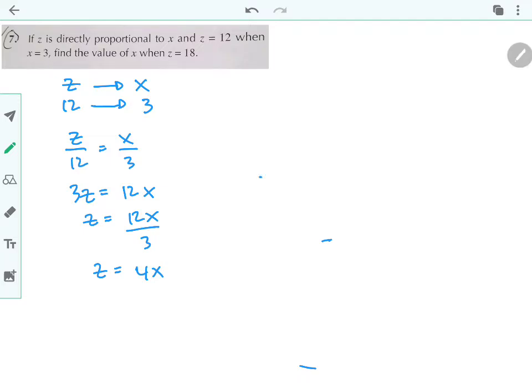Now the question is find the value of x when z is equal to 18. So what you need to do is just substitute this value of z into the equation that we have.